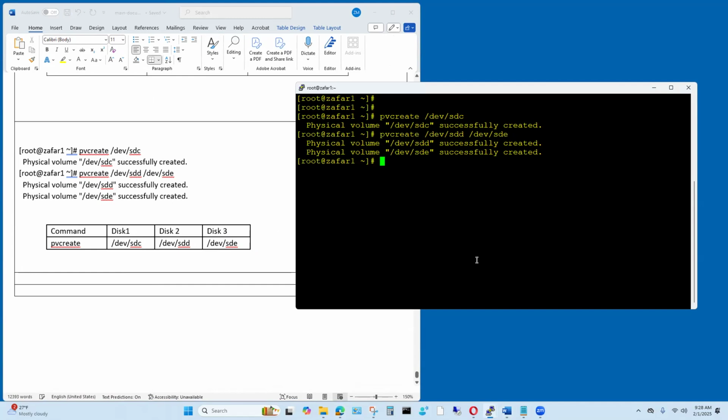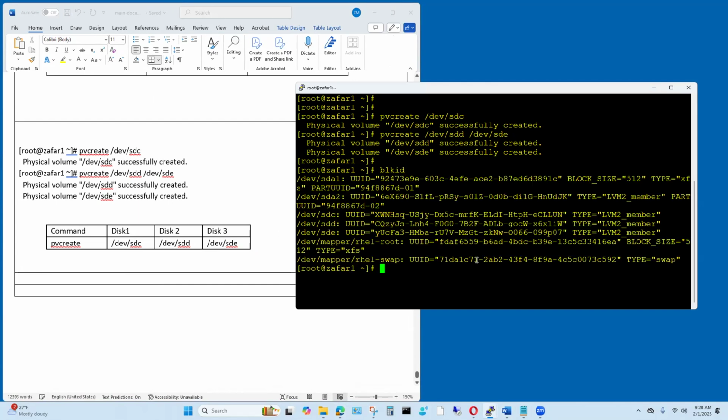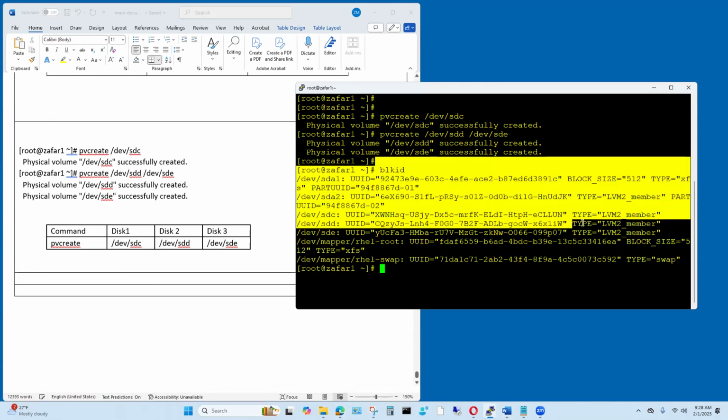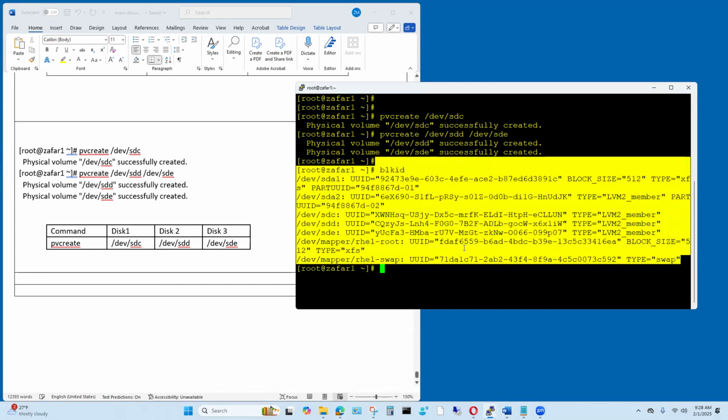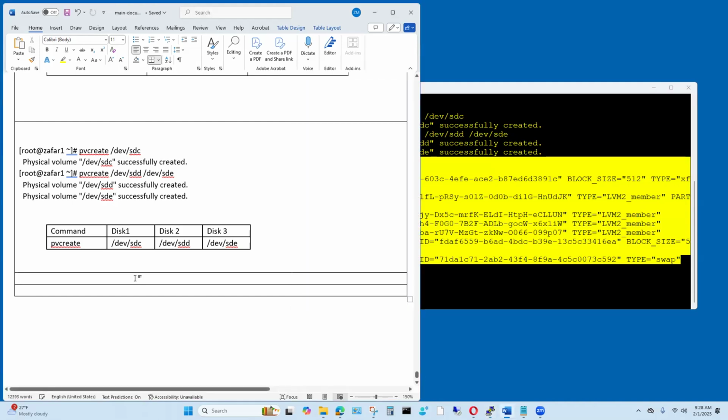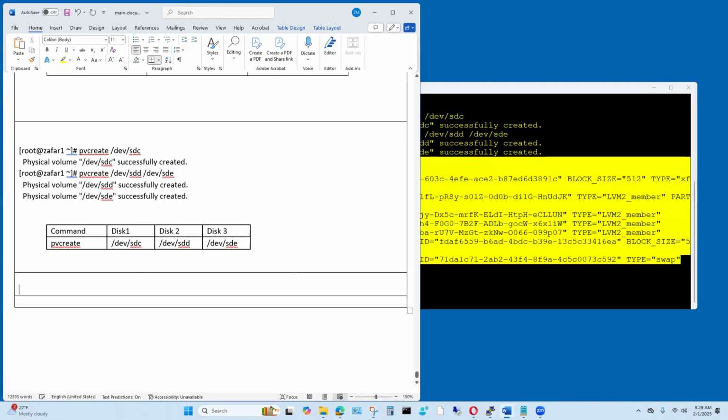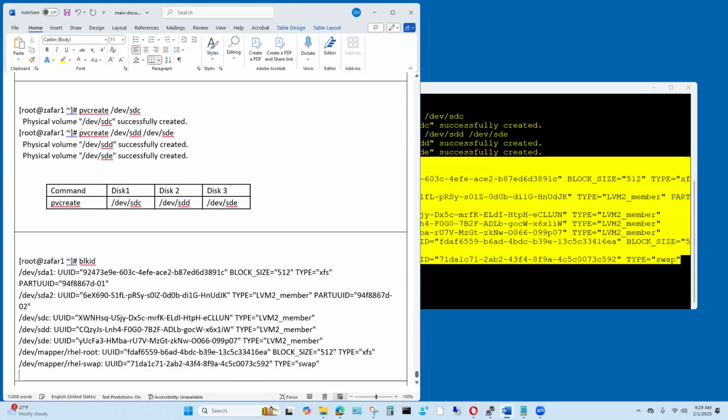Now what we're going to learn is blkid. It shows you a block ID. When we run pvcreate, it creates a block ID.